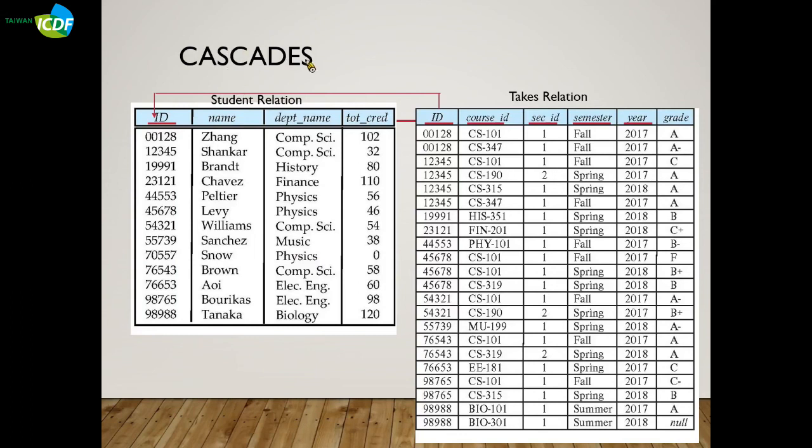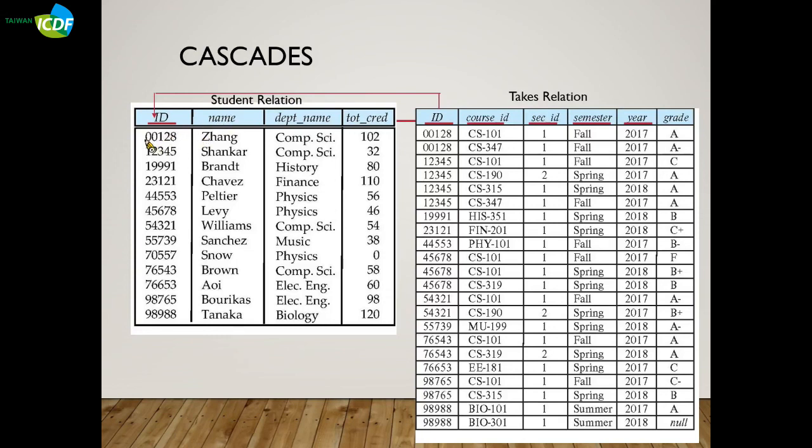As to cascade rules, if the tuples of the referenced table are deleted, the corresponding tuples of other tables need to be deleted simultaneously in order to avoid dangling reference values due to the tuple deletion. Now let's examine the students relation.